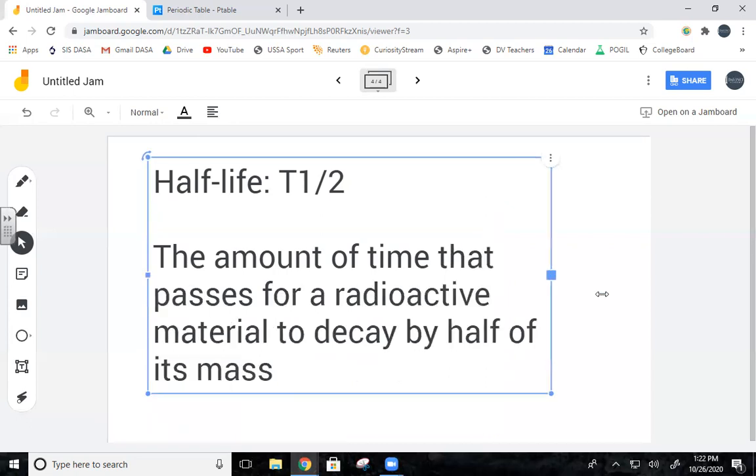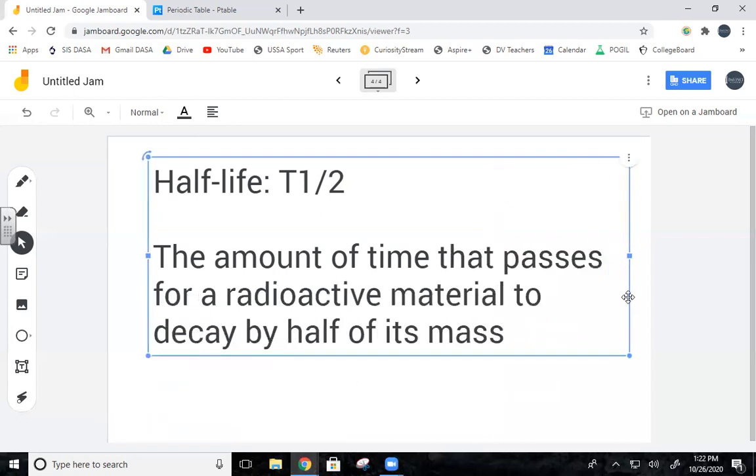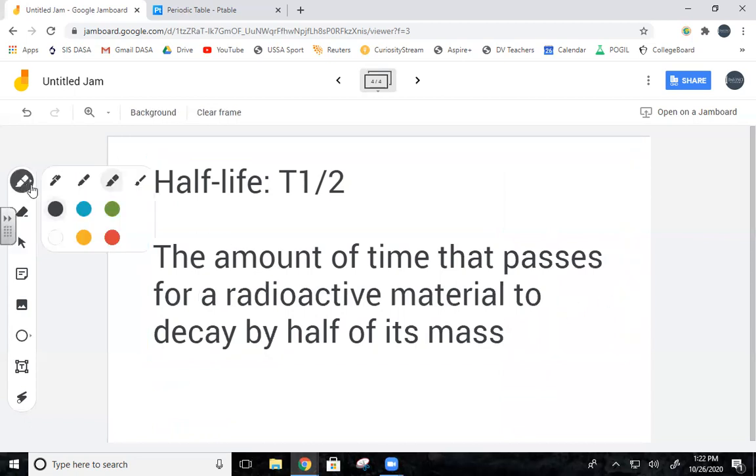And you're thinking, what in the world does that mean? The amount of time that it takes for a radioactive material to decay by half. That's why it's called half-life, right?